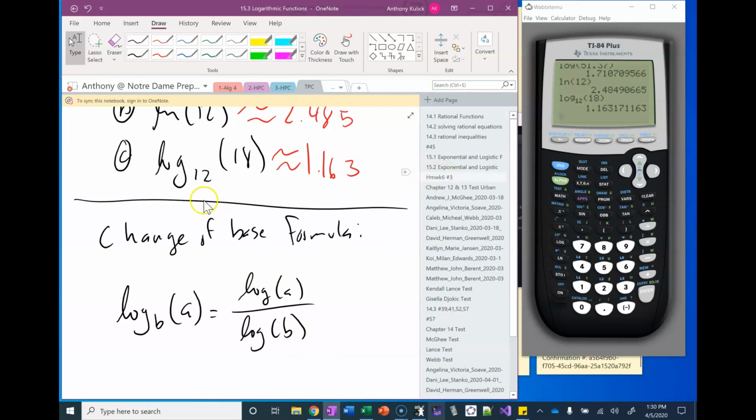So if I didn't have this log base option on my calculator, I can do log of 18 divided by log of 12, and I should get the same decimal here. Let's just check to make sure it does indeed work. And you'll notice I get the exact same decimal. So it doesn't matter to me which way you evaluate these things on your calculator, just as long as you're able to do that.